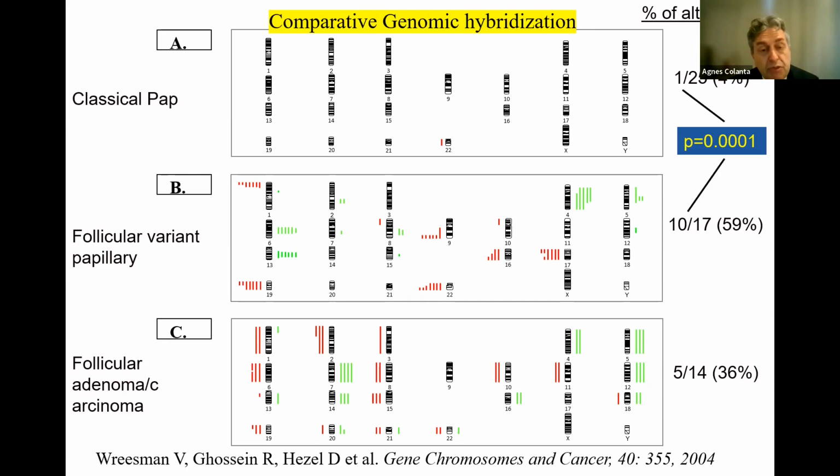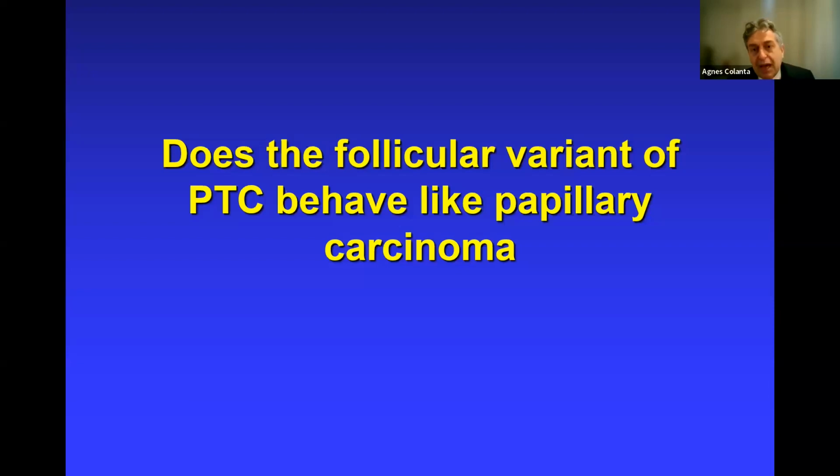And you don't need to be a cytogeneticist to notice that the follicular variant of papillary carcinoma is very different from classical papillary carcinoma as far as its chromosomal gains and losses. So after looking at this data, one should ask: does the follicular variant of papillary carcinoma behave like papillary carcinoma? Is it really a subtype of papillary carcinoma or not?